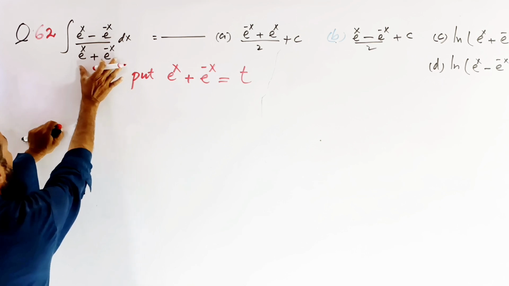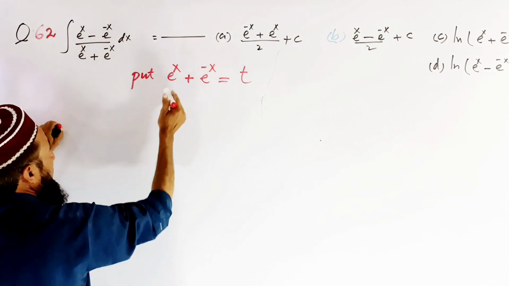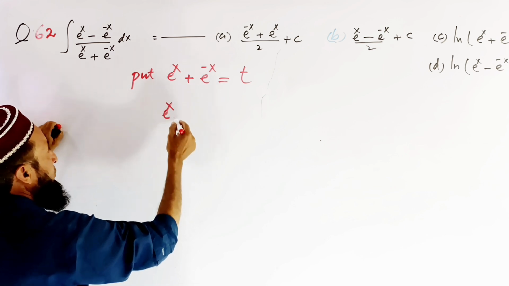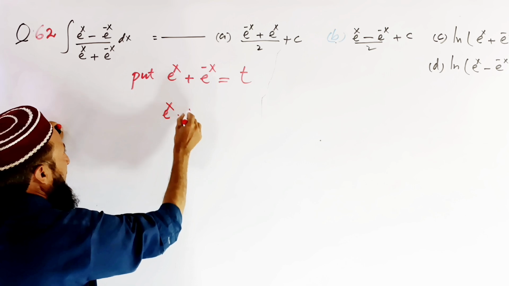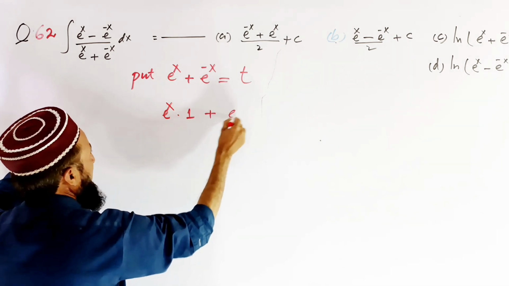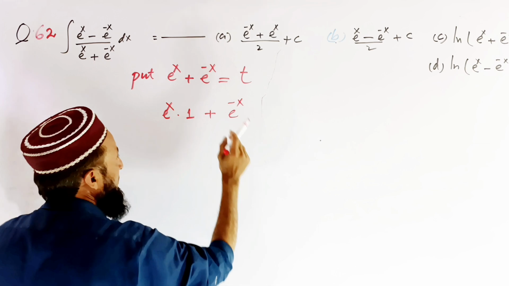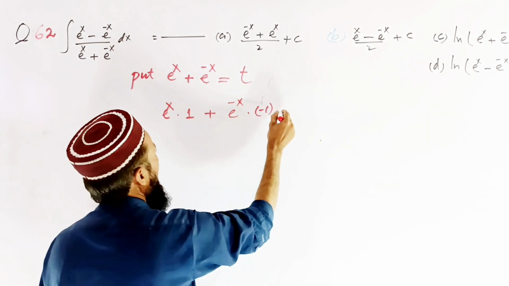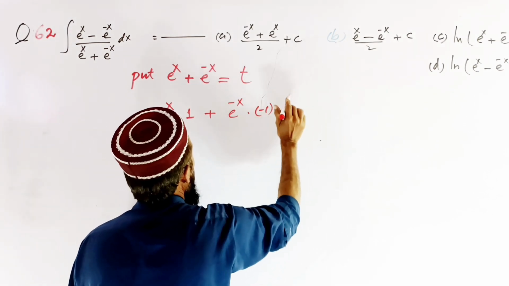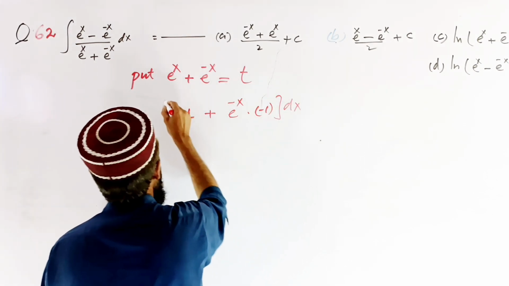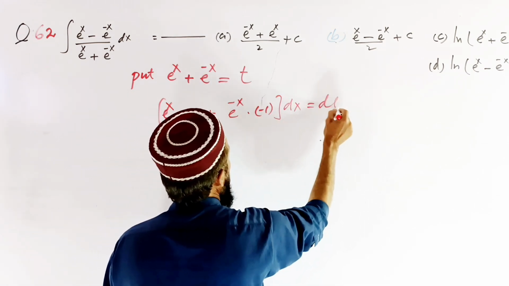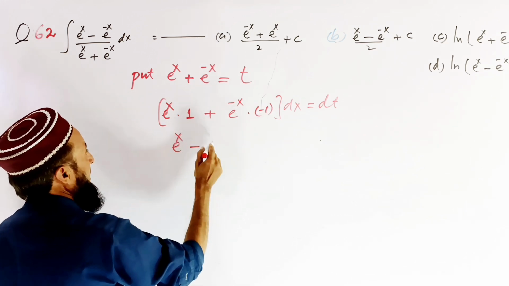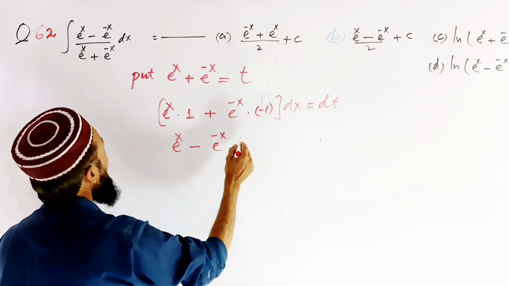Differentiating with respect to x, the derivative of e power x is e power x, and the derivative of e power minus x is e power minus x, further the derivative of minus x is minus 1, so e power x minus e power minus x dx is equal to dt.